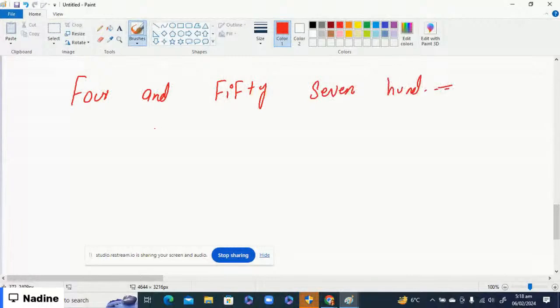Okay, now you guys tell me. First, we put the ones place, then the point, then tenths, and then hundredths. In the ones place we put the 4, then the point, and 57 is in the hundredths. So this becomes 4.57.